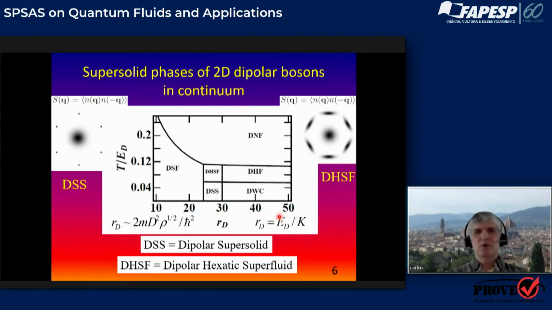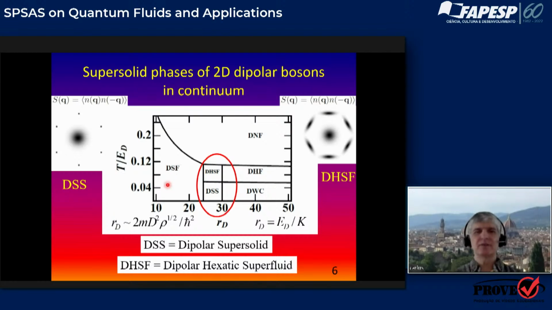Okay, so in terms of a picture, this is a phase diagram, a calculated phase diagram, of the temperature divided by the dipolar energy versus the ratio RD of the dipolar energy and the kinetic energy of the system. At very high temperature, the system is a dipolar normal fluid.